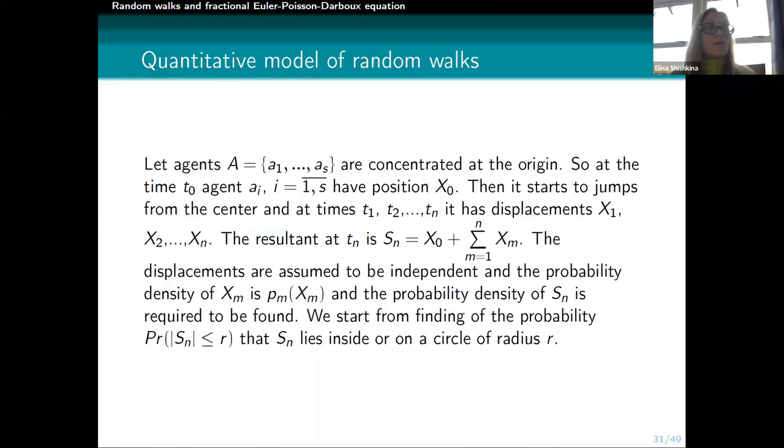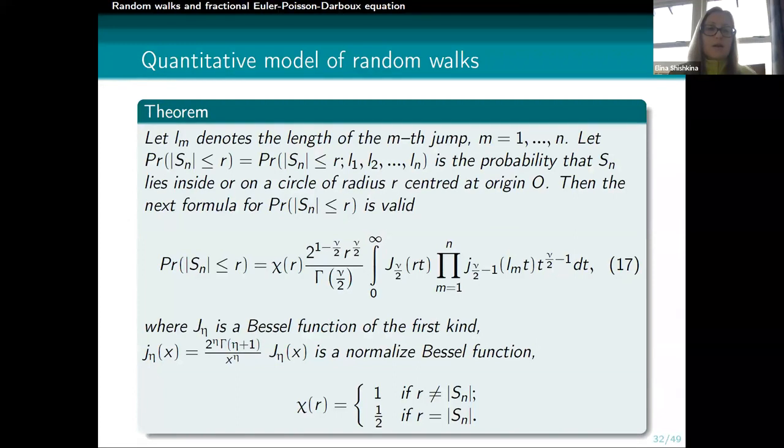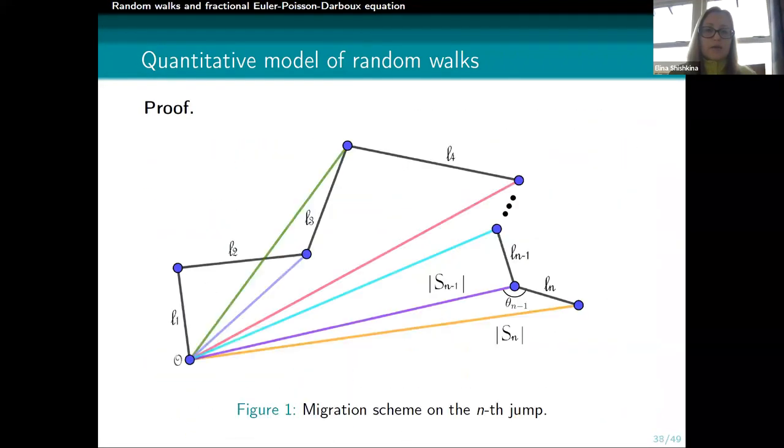So we would like to find the probability, and of course if we know the probability, we can find the probability density. We start from finding the probability in this form, when Sn lies inside or on a circle of radius r. So I just would like to show the picture.